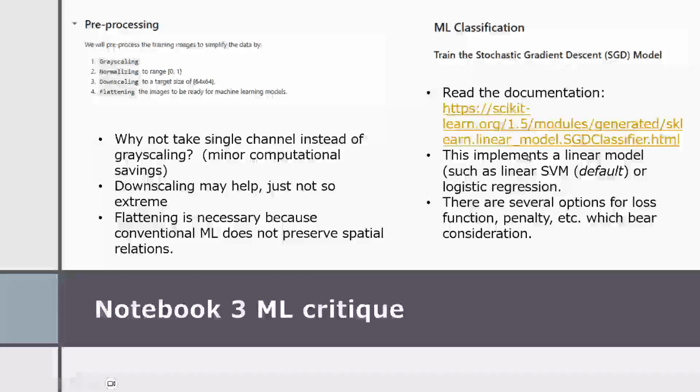So there are several options that you can set for stochastic gradient descent that will change the performance. For instance, a loss function, a penalty function like L1 or L2. So don't just use your algorithm out of the box. Explore the options and think about which option might be better for your particular application here.